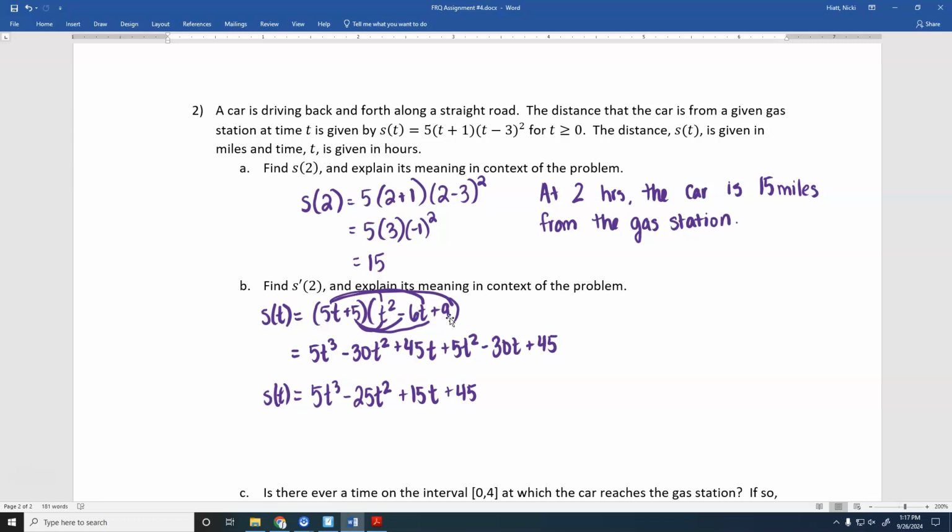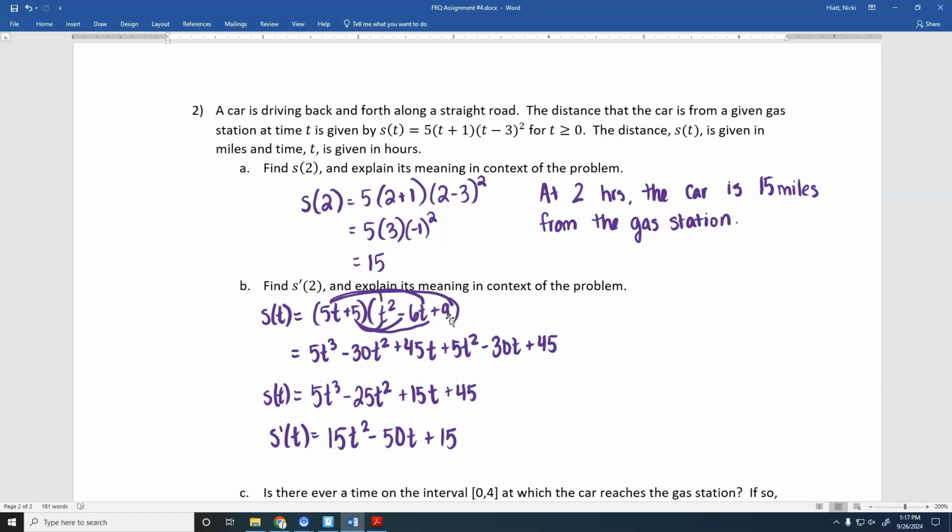And so once you get it like this, it's just a power rule derivative. So S prime of t would be 15t squared minus 50t plus 15.